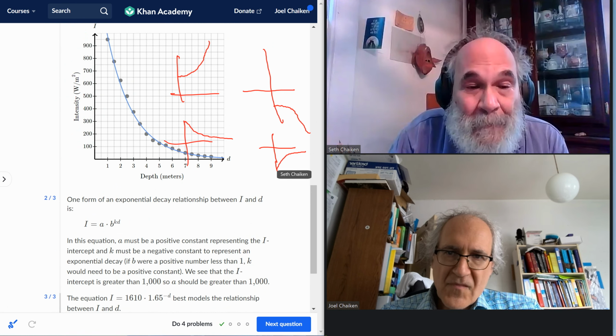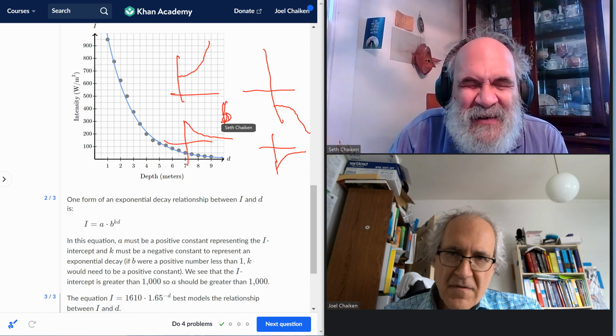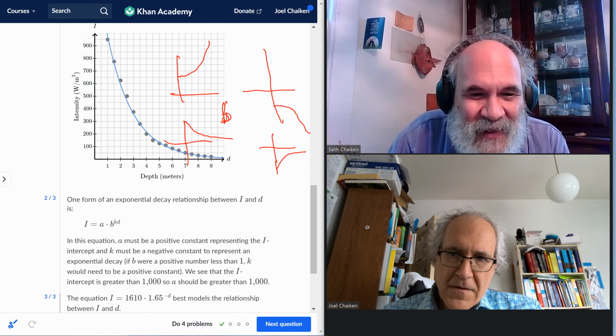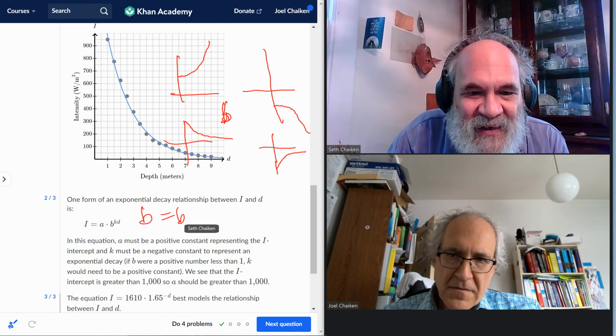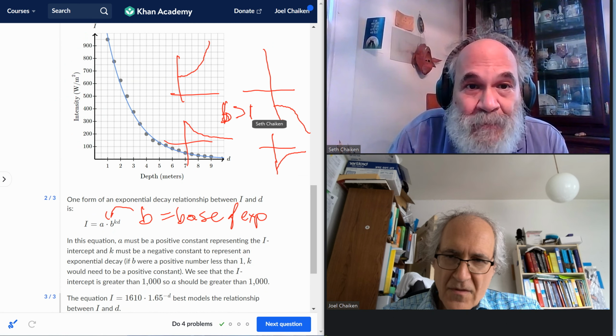With all of them, the base, B is the base of the exponential. The base of the exponential is greater than 1.